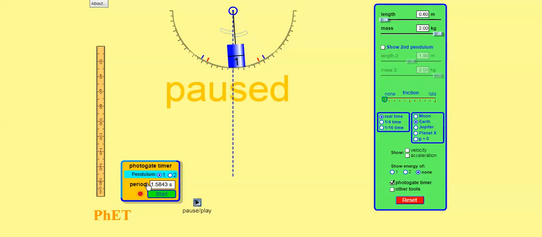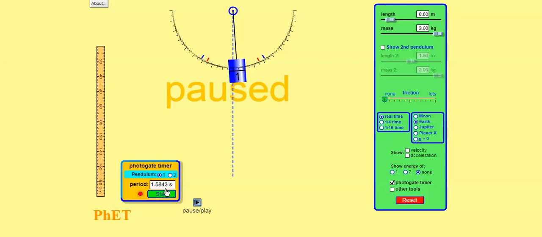All right, so it's giving us this value here. For a 0.6 meter long pendulum, the value was 1.5843. That can be recorded. Go ahead and pause for a moment to record and then come back for the next trial.